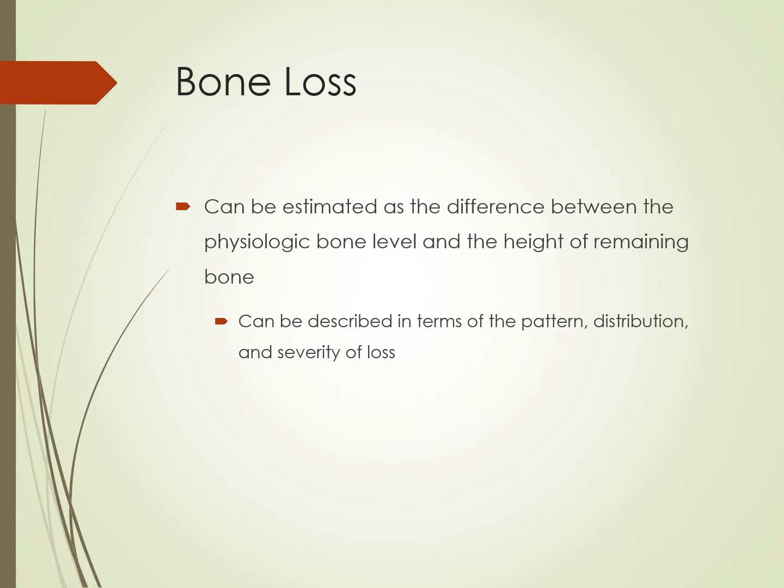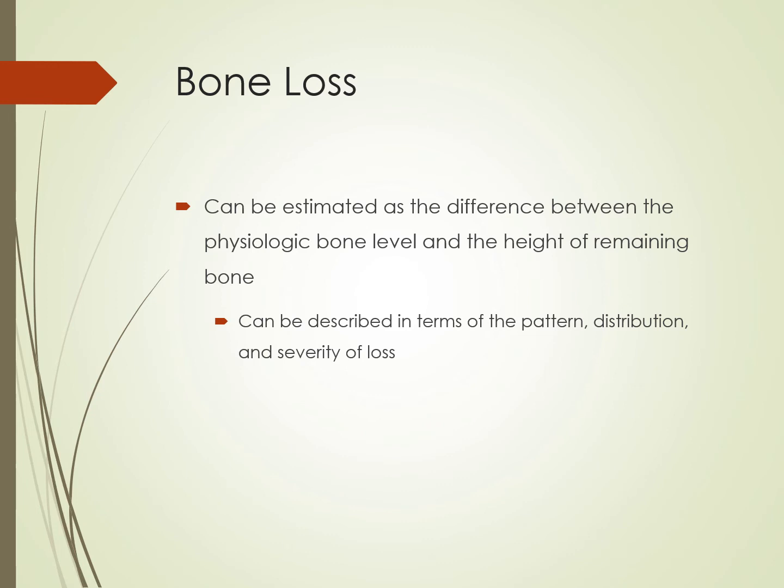Forever from now, we're going to be talking about how much they've lost. But when it comes to bone loss, we're not just looking at how much they've lost, but how much they still have. A lot of times you'll hear me talk about the percentage. I break it down, so I say you still have 60% of that bone in that area, versus saying they've lost 40% of their bone.